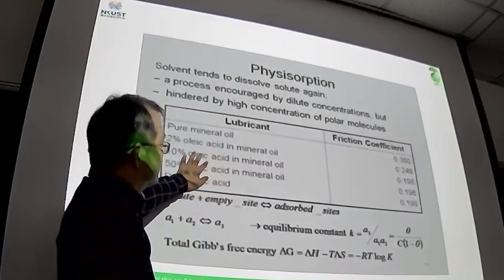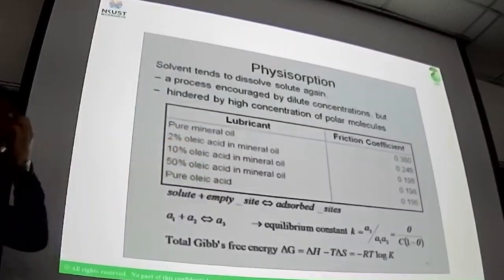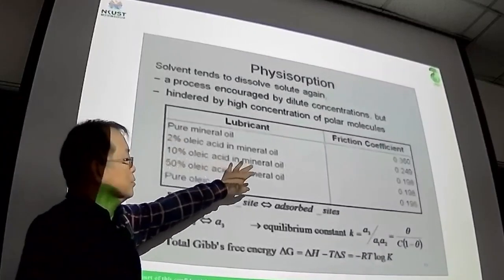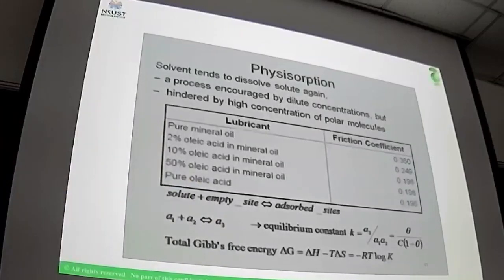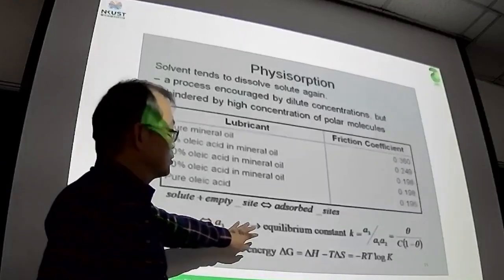We have some additives, so the lubricant is composed of the additives plus the base oil, and different proportions give different coefficients of friction. So this is how you can calculate the percentage of the solution.